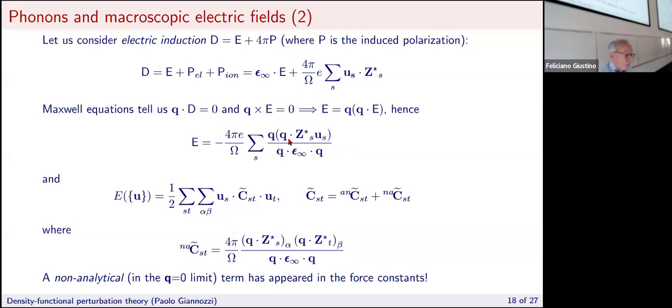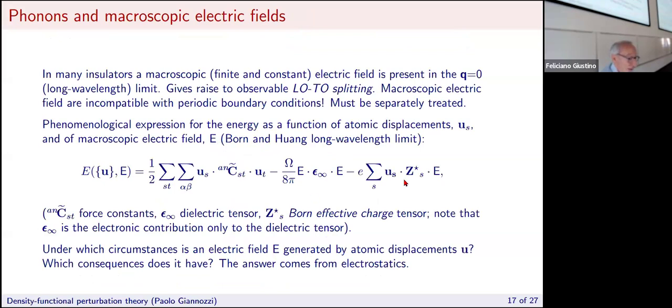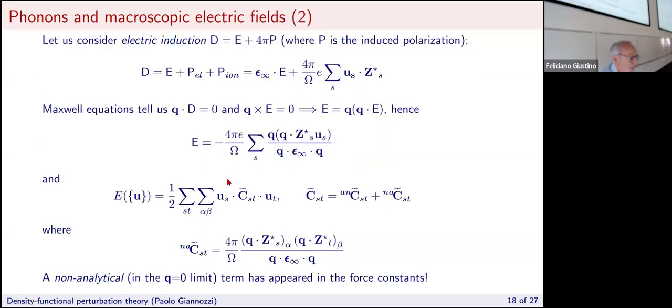And then, in fact, it's longitudinal here. And by putting this value back here, one finds an effective force constant that takes into account, for nuclear positions only, the existence of those macroscopic electric fields in the Q equals 0 limit that has this form.